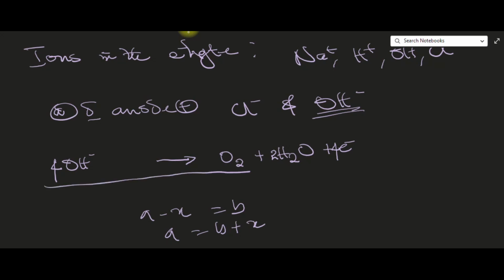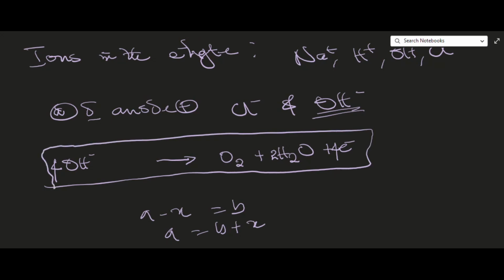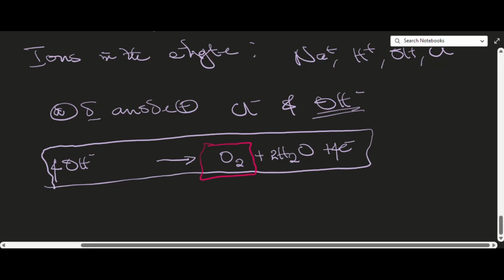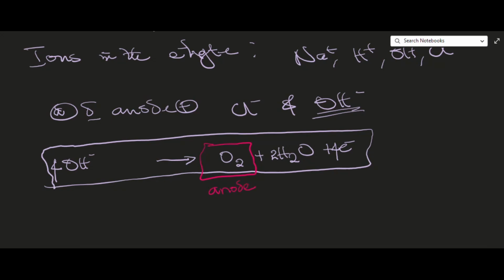Please don't forget this equation. If you like, you can memorize it, but it's not difficult: you just need to know the products are oxygen and water. Oxygen is the product at the anode, and water stays in the electrolyte.